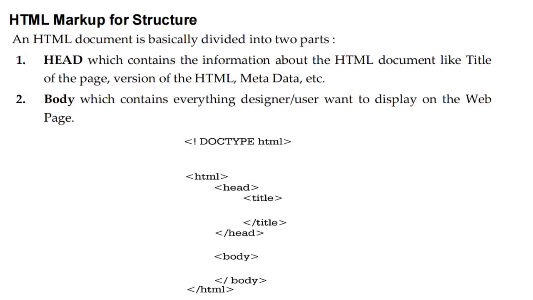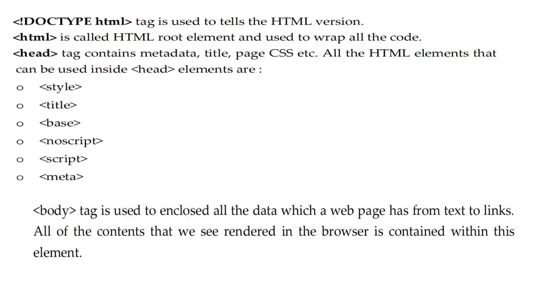The BR tag is used only once and doesn't have a closing tag. The head tag is where you include all the details about the HTML, like the version, metadata, and title. The body is where the actual content of your HTML page remains.